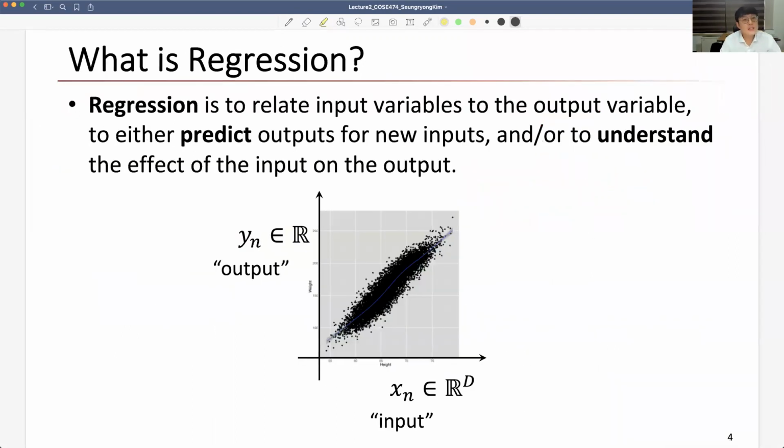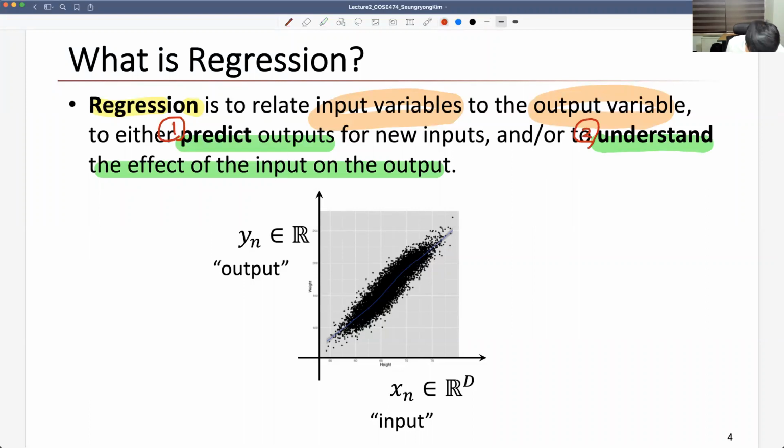Okay, so what is regression? Regression relates the input variable to the output variable, either to predict the output for a new input, or to understand the impact of the input on the output. These are the two kinds of goals of the regression problem. So here is the example.